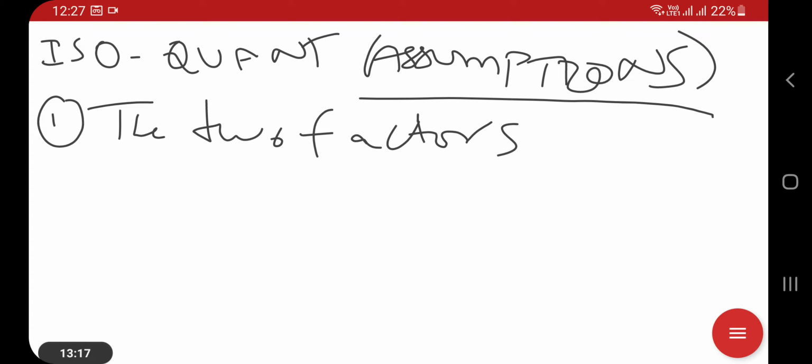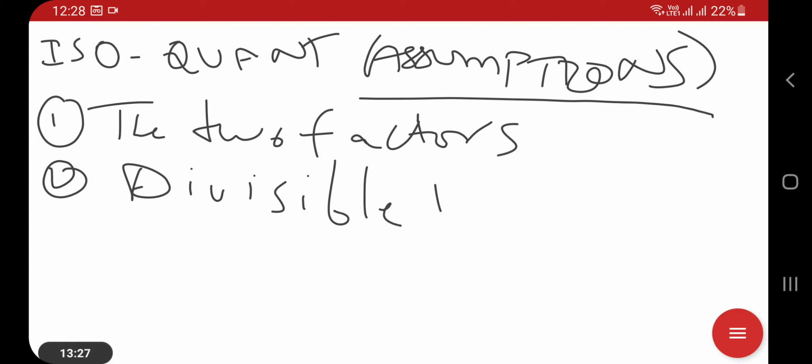Divisible factors. Factors of production can be divided into small parts.